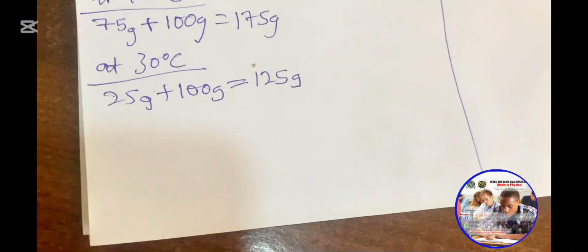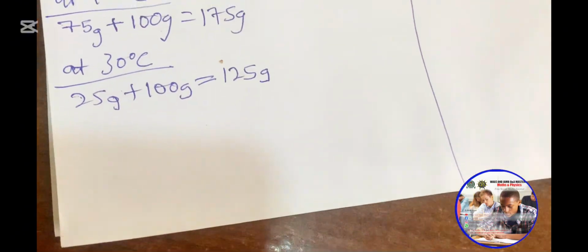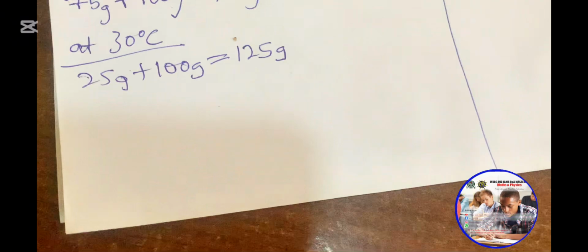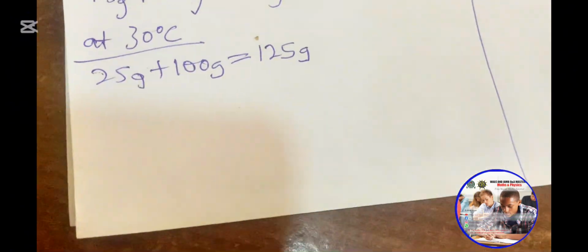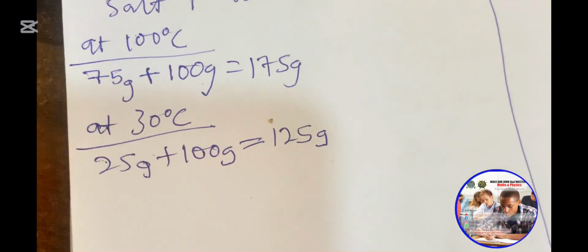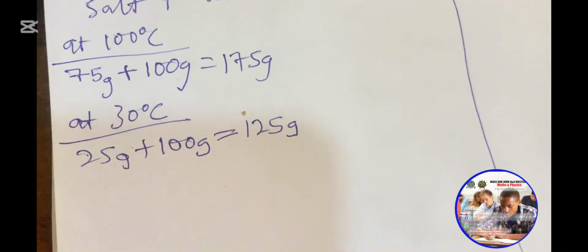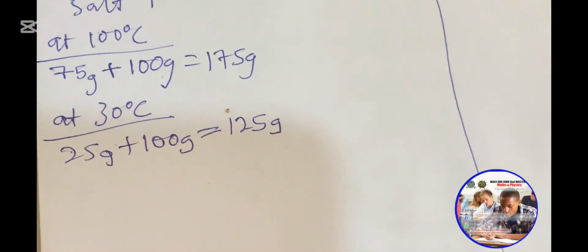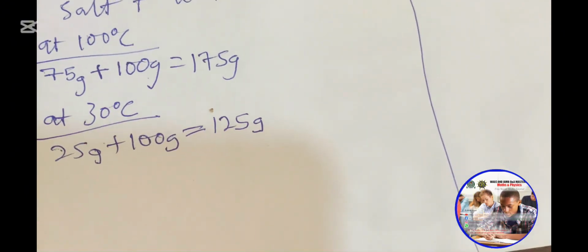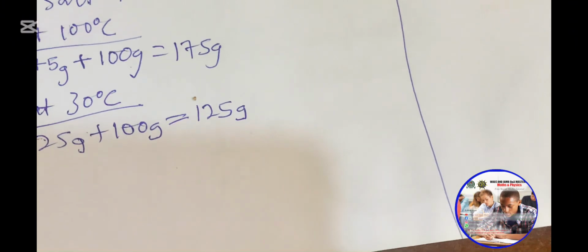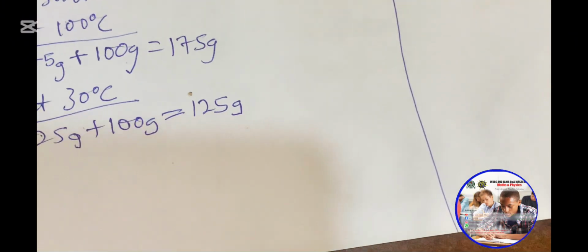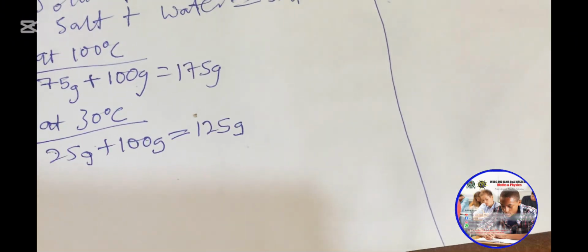Now, mass crystallized for 175 gram of copper sulfate solution, because if we go back to the question, they said what mass of salt will crystallize if 50 gram of the solution saturated at 100 degrees Celsius is cooled to 30 degrees Celsius.